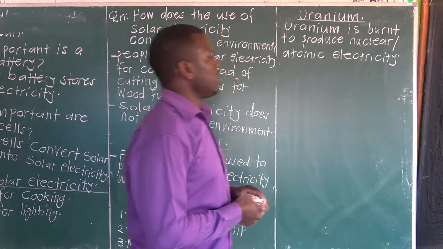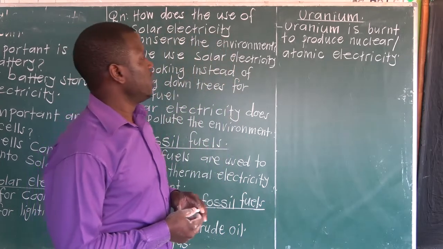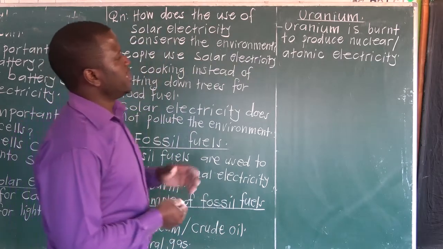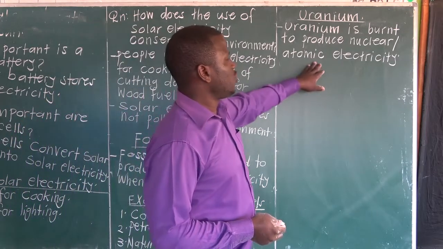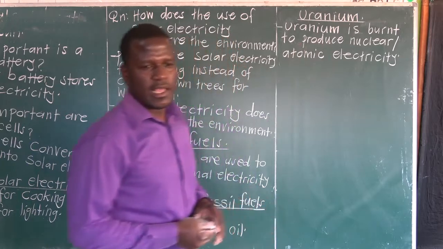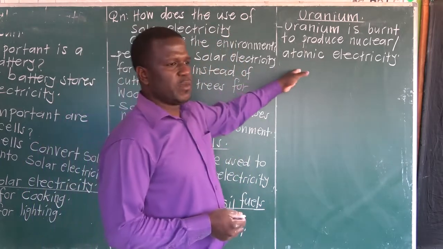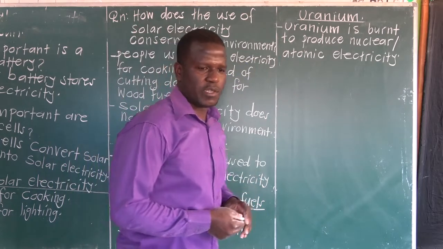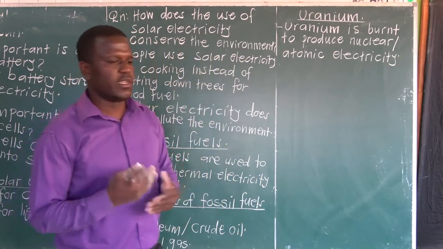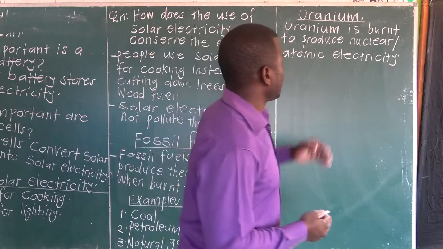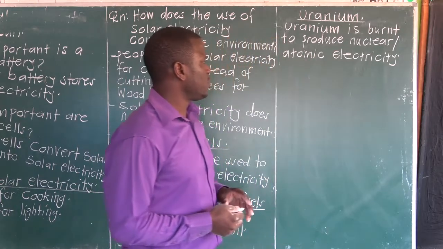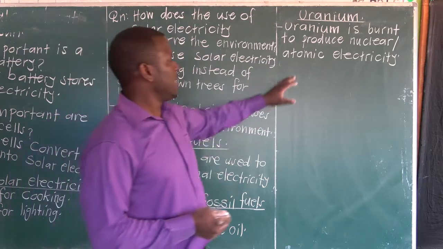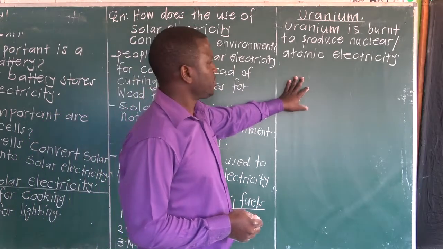In P.6, when we are looking at resources, we say uranium is an energy resource. Which energy does it produce? Atomic electricity or nuclear electricity. Uranium can also be used to make atomic bombs. So in case they ask you uses of uranium, you can say uranium is burnt to produce nuclear or atomic electricity, and it is used to make atomic bombs.